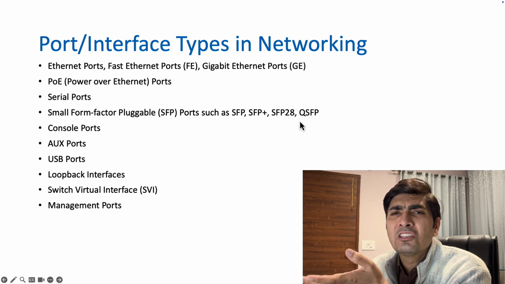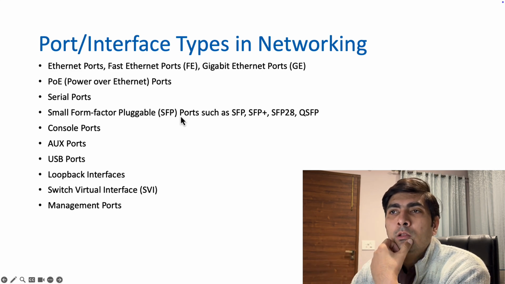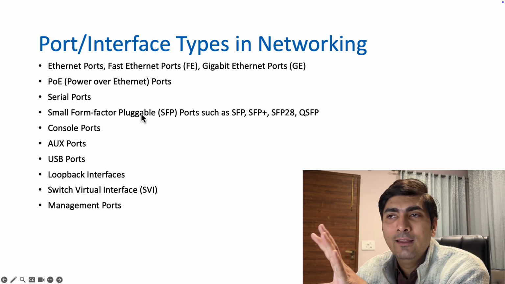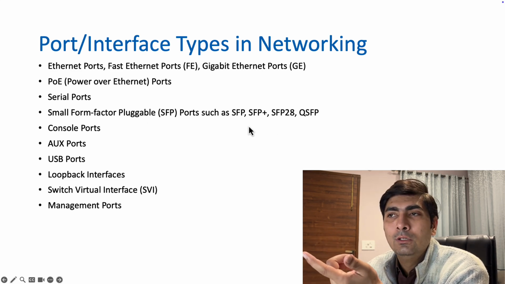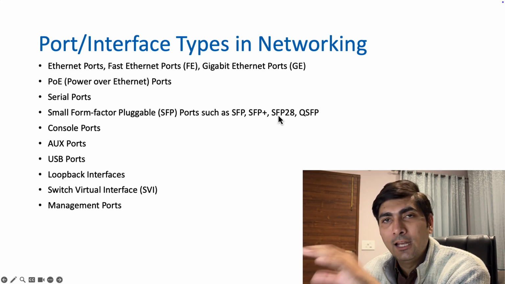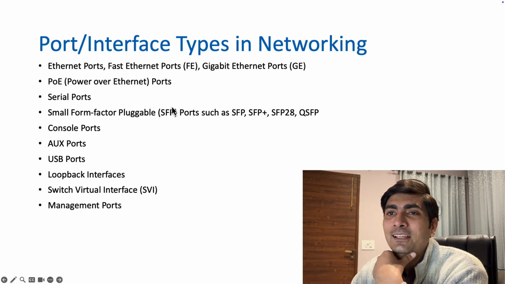Then QSFP Plus, that is known as. There is a huge documentation on that. So as of now, I'm just giving you a very high level overview. You can individually go into the details, right? But once you go into that portion, then you cannot cover the CCNA syllabus.